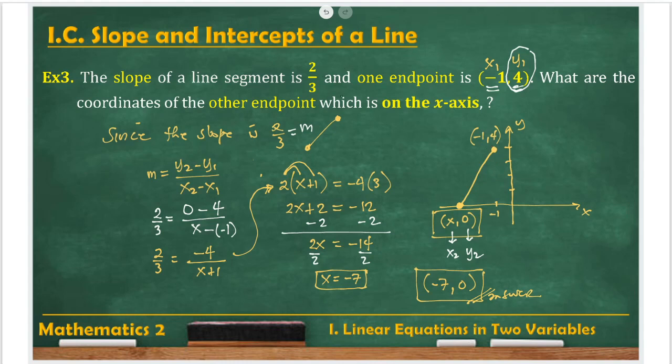For 2/3, you can move down from negative 1, 4 by 2 units and then move to the left by 3 units. And then, of course, you're going to repeat the process until such time you get to the x-axis.